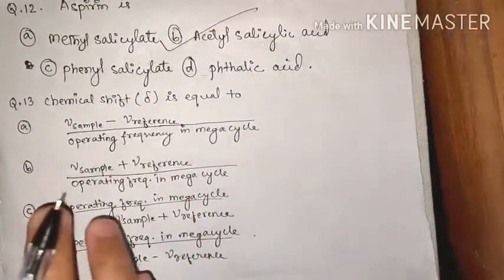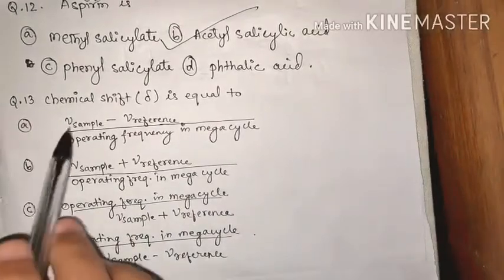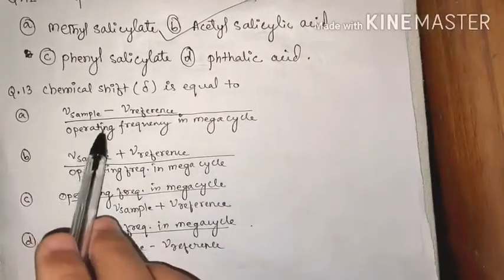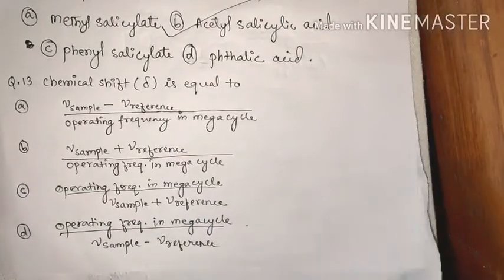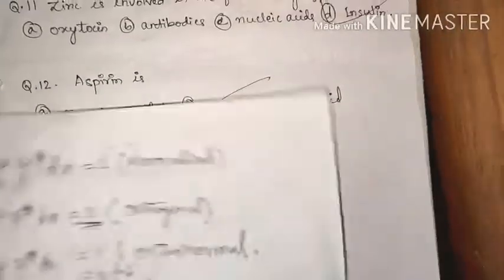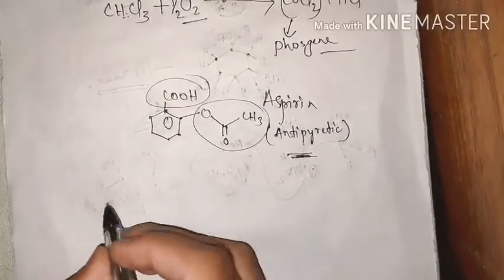The last question that I am going to discuss is question number 13. Chemical shift is equal to, so this is given here. This is again from the spectroscopy part.